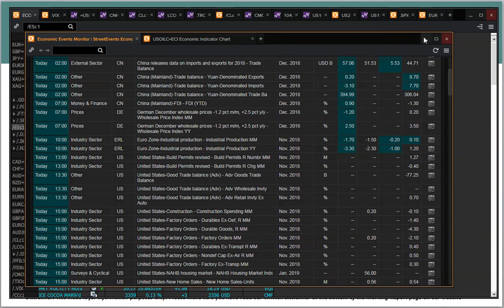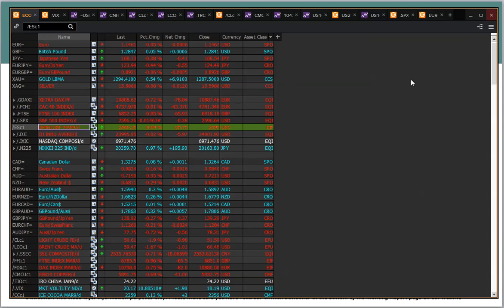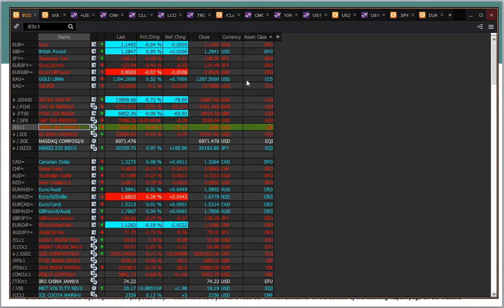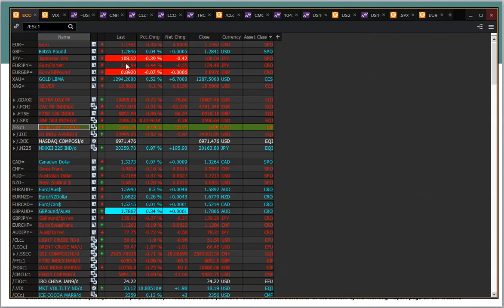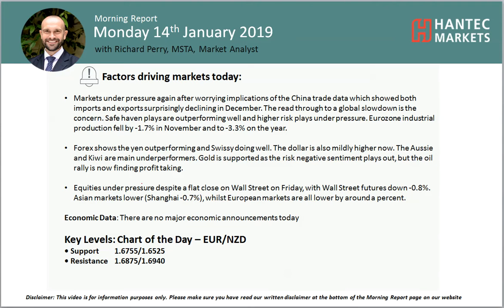So really some quite worrying numbers coming out of the Eurozone in terms of industry and manufacturing. Again, playing into this risk negative outlook today. So in terms of that, there's no other real data to really consider.